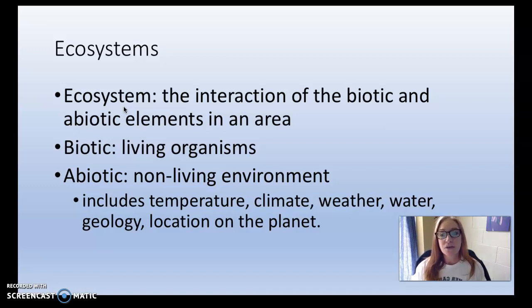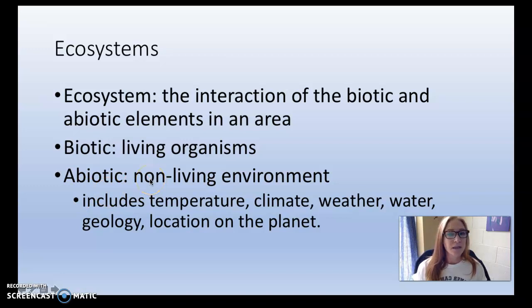So within each ecosystem, we have two major elements. The biotic elements, and those are all of the living organisms. We talked in the last unit about what a living organism is, so you all know how to recognize those. They all have the same 7 characteristics, right? The other part of an ecosystem is made up of all of the abiotic factors.